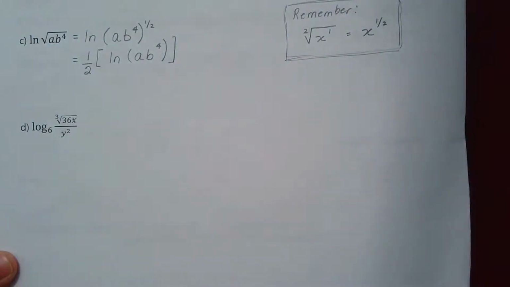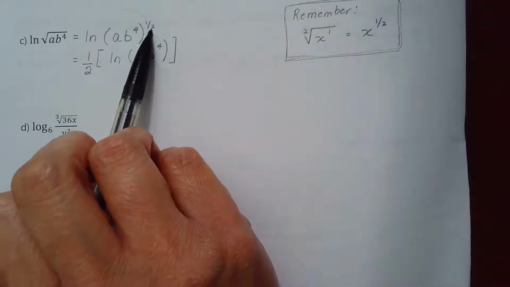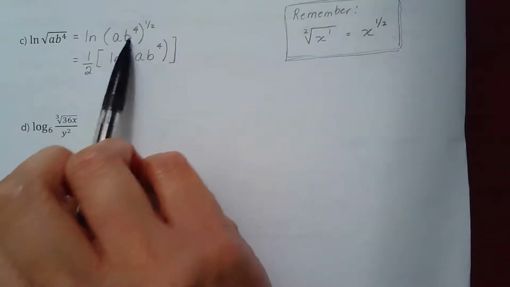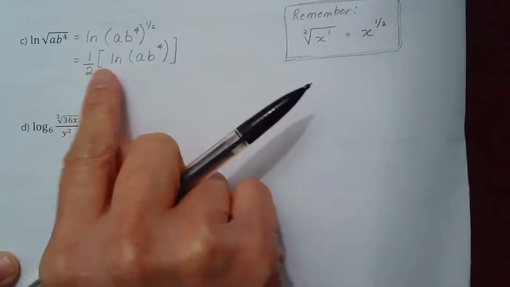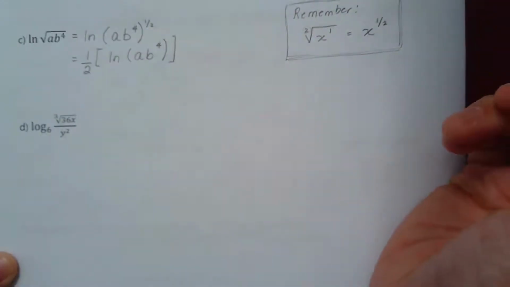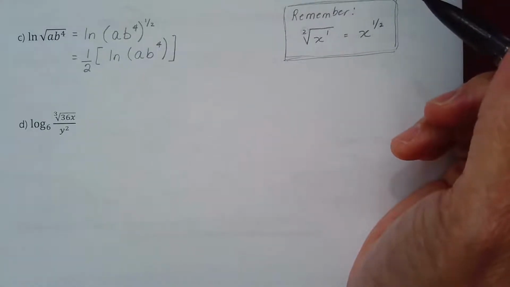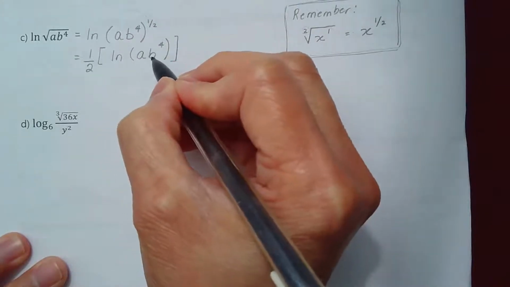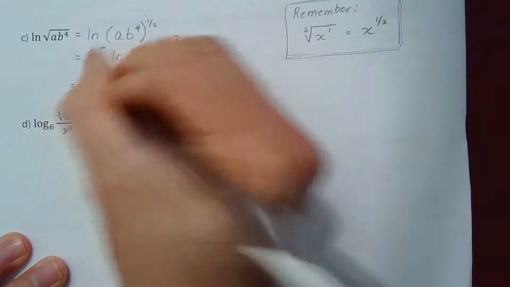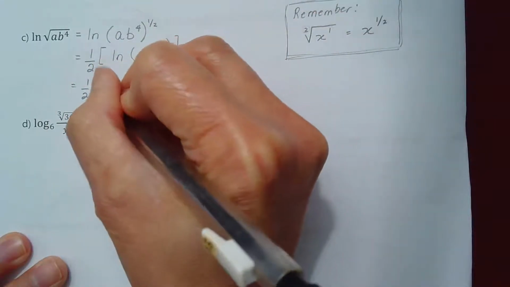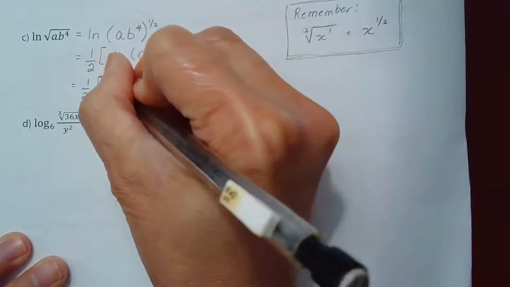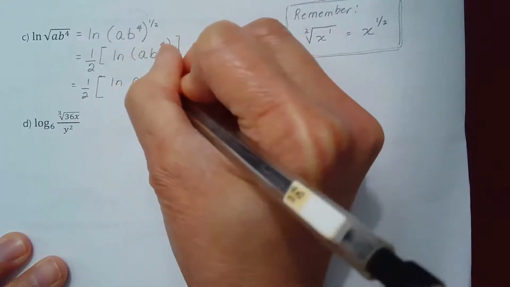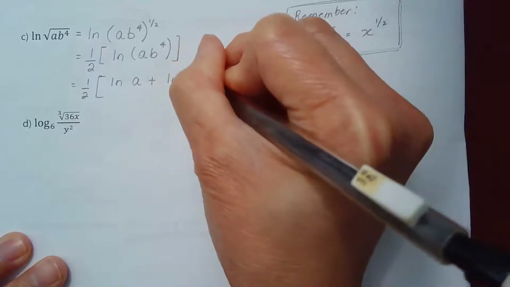I'm going to give you a moment to just think about that one. Okay, remember that 1/2 is applied to all of these inside the brackets. I'm actually going to show you an alternative version of this, which we will get to the same answer anyway. Now looking at this one, ln of a b to the 4th, that's the same thing as 1/2 times, because this is being multiplied, ln of a plus ln of b to the 4th.